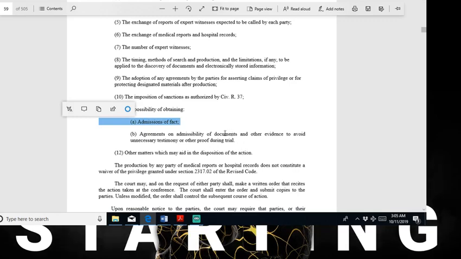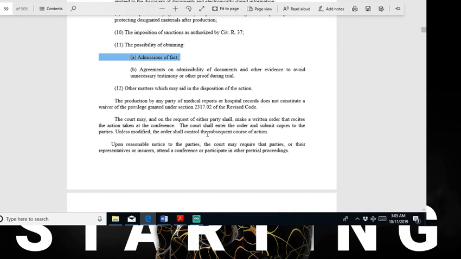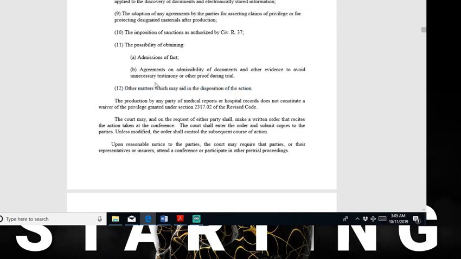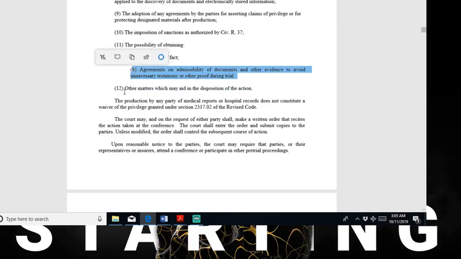So the court does all of this, and then it's to agree on admissibility of documents and other evidence to avoid unnecessary testimony or other proofs during trial. This is what I want y'all to focus on. Number 12: other matters which may aid in the disposition of the action.